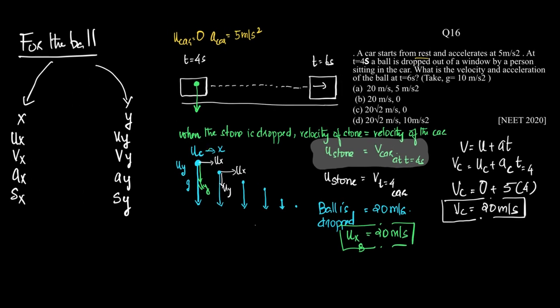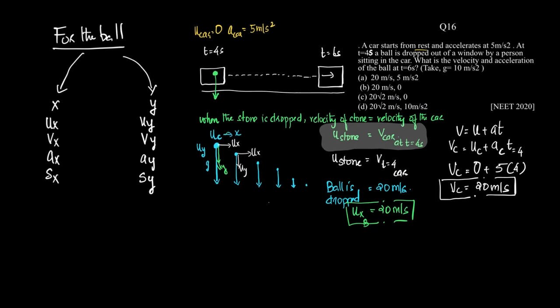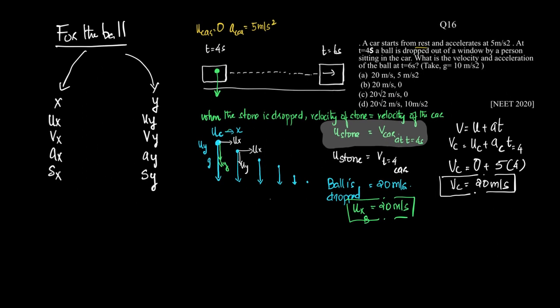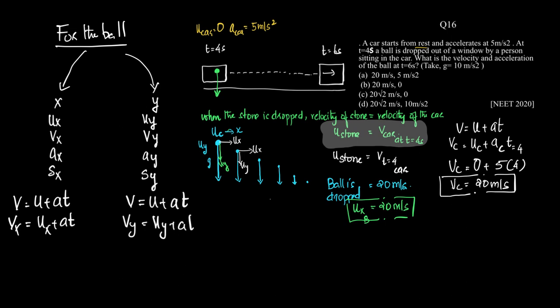Okay. Now if we write down the equations of motion for the x component alone, what is v is equal to u plus at? For the y component alone, what is v is equal to u plus at? Let us be more specific. What is vx is equal to ux plus a into t? What is vy is equal to uy plus a into t?